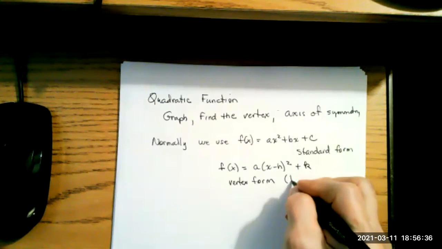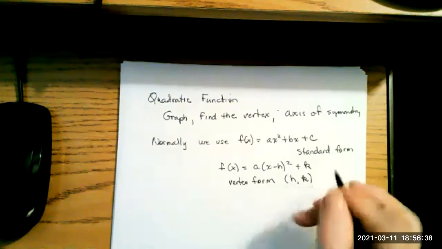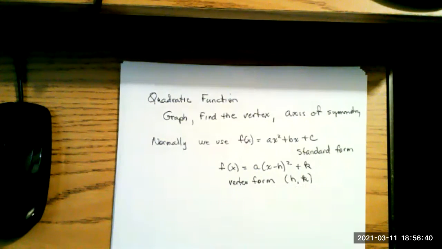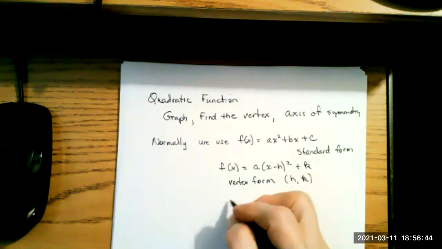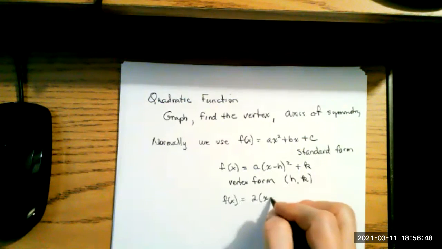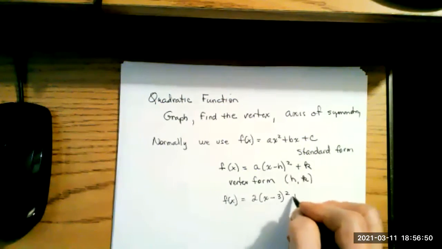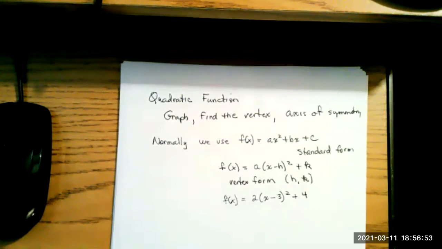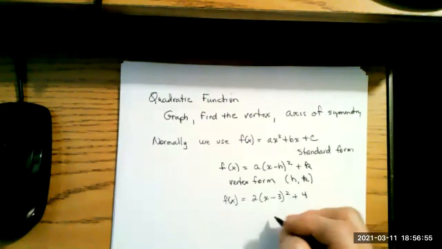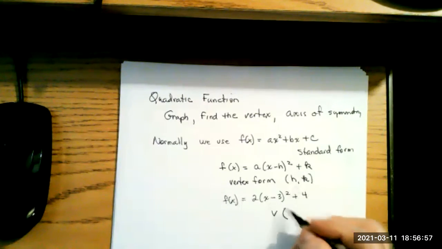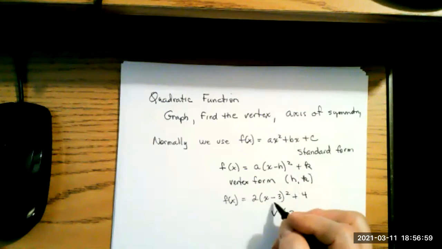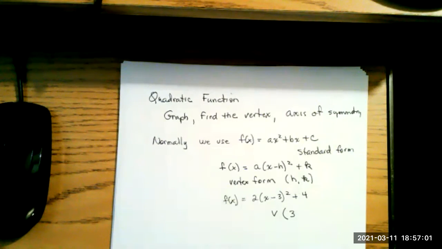The vertex is (h, k). The only thing you have to remember is to take the opposite of your h. So if you have f of x equals 2 times (x minus 3) quantity squared plus 4, your vertex is 3, the opposite. And remember, we do that when we're trying to find the shift.